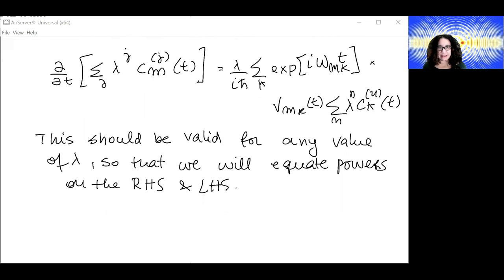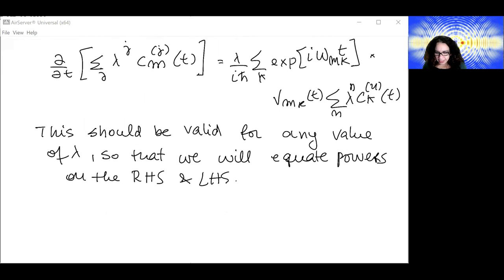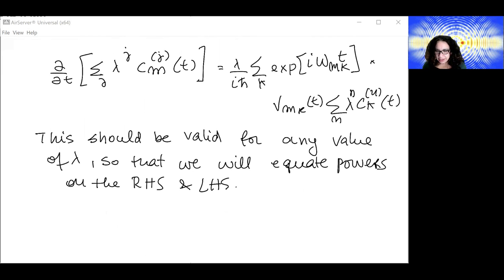Okay, so we can even make this nicer, but we can see already that we have here on the right hand side one more lambda, which we need to take into consideration. And I'm going to write the expressions order by order. So let's have a look what you have for zero order.